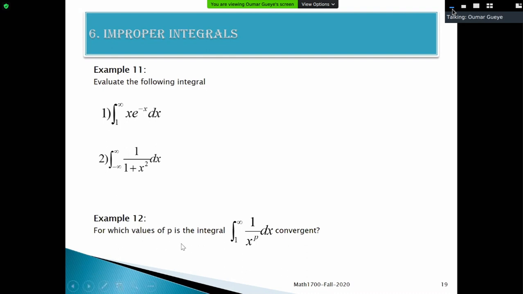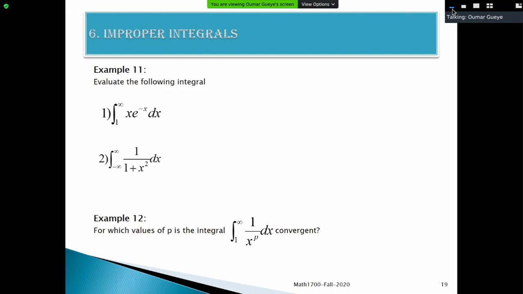So in this example, the question is to find all values of p making this integral convergent. In other words, find the values of p for which the value of this integral is equal to a real number. Is it p equal to 2 or p equal to 3 or p equal to -7?